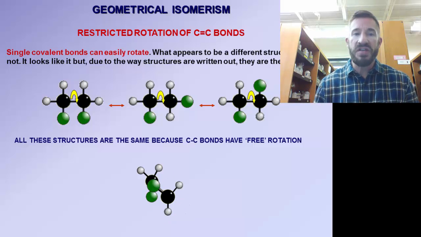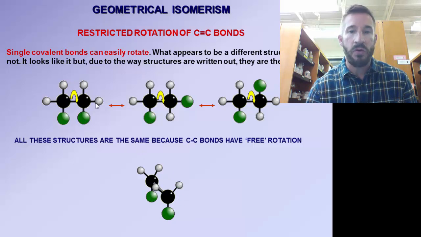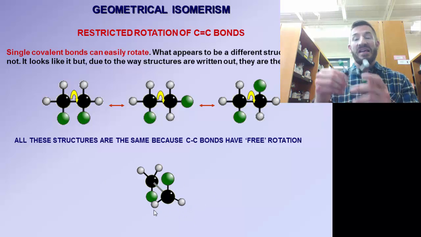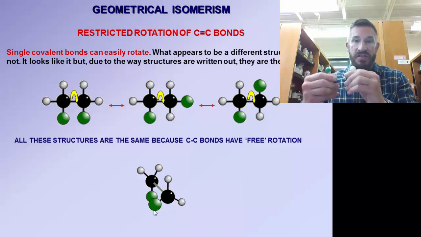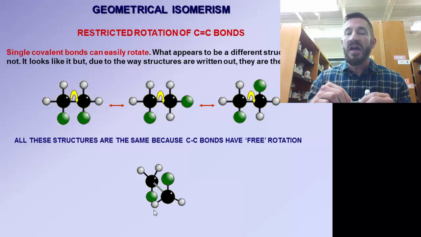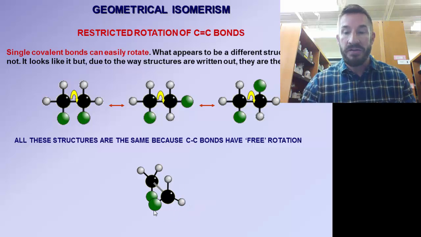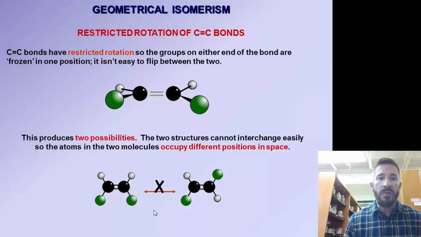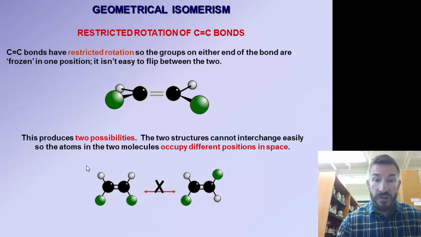So when we talk about rotation, notice single bonds are able to rotate. And you see here, we see a single bond rotating. This double bond cannot rotate, and that's why this cis and trans only applies to things that have a double bond. Let's keep going and talk about cis and trans for a second. So the carbon bonds have what we call restricted rotation.